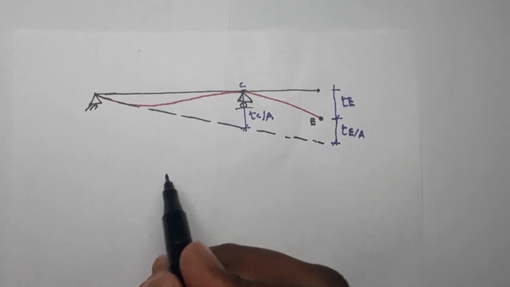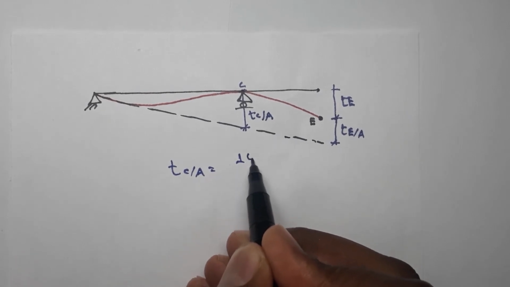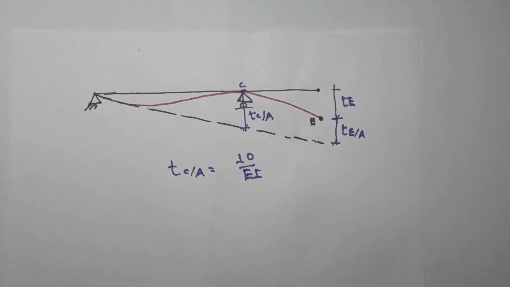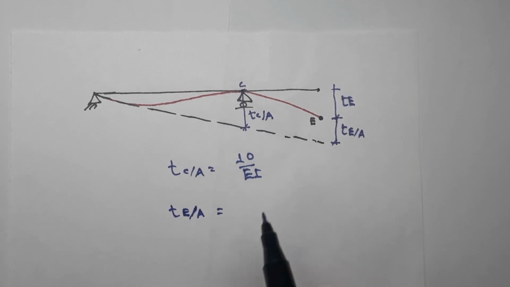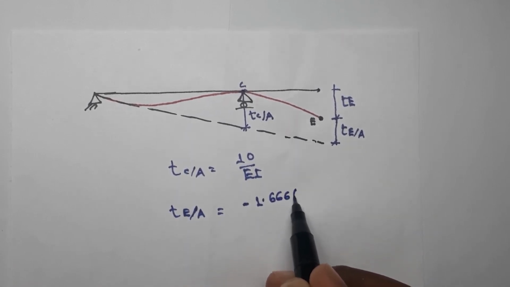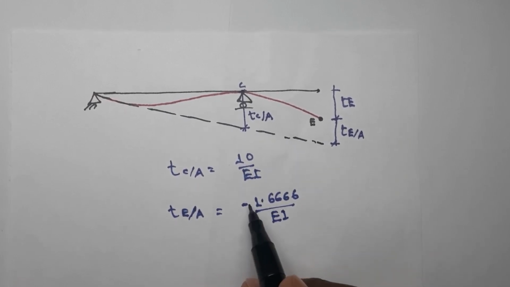Now TC with respect to A was found to be 10 over EI, and the translation of E with respect to the tangent A is already found to be negative 1.6666 over EI. Now here the value is negative.